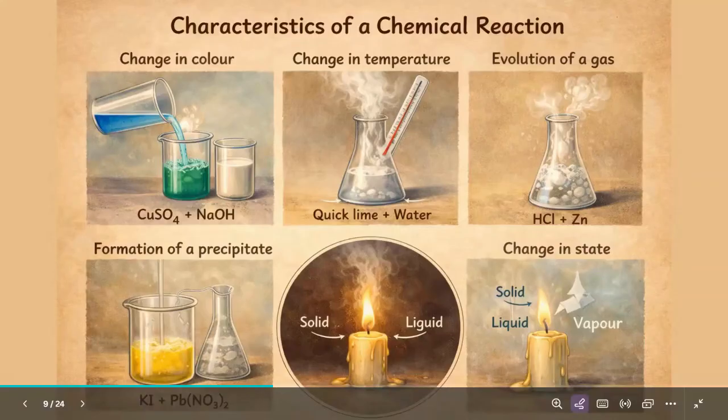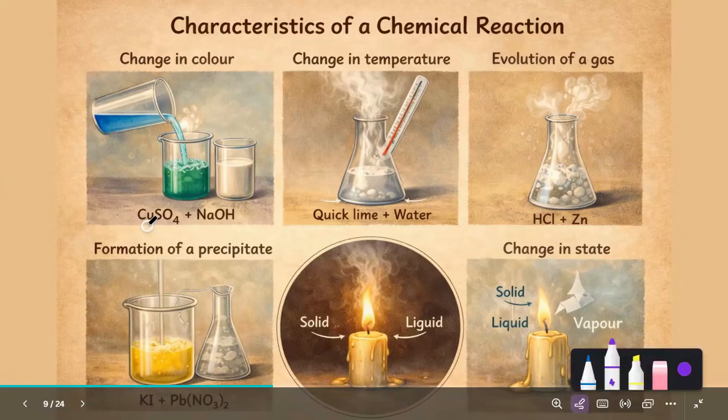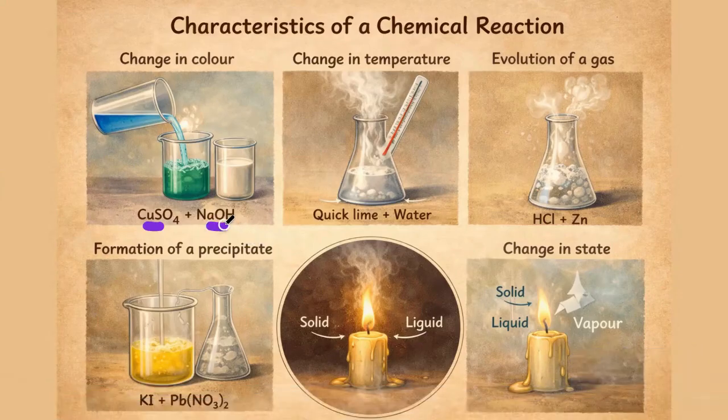Let's start. Here you can see what happens during a chemical reaction. Some reactants can change their color after reacting. Here you can see blue color is being changed into green. Many reactions show change in color.